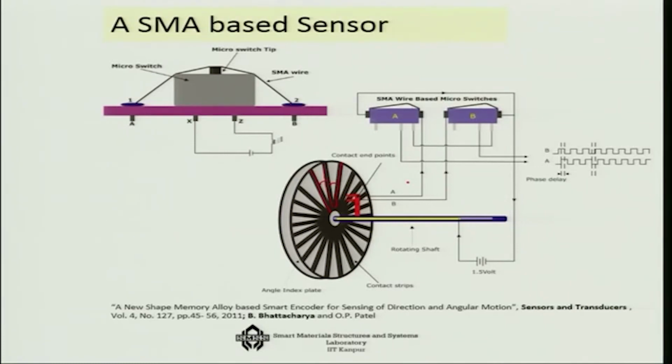However, the catch is that only whenever these two pins are touching, the current is flowing, and because of that resistance you are going to get a signal. The moment it is not, or the velocity is changing, you are going to see a shift or a phase delay, which you can use for measuring the direction and the angular motion of the system.